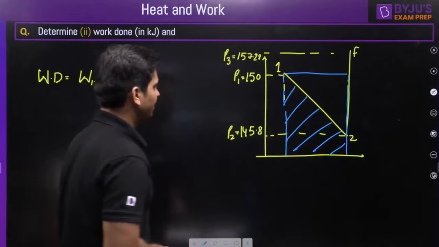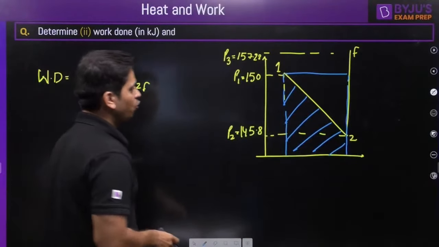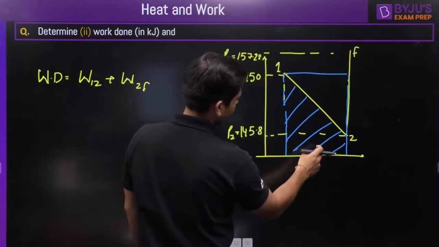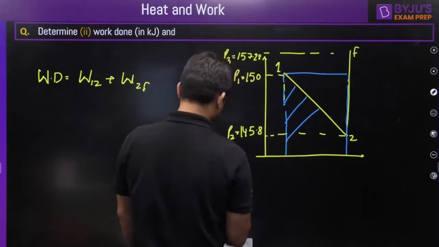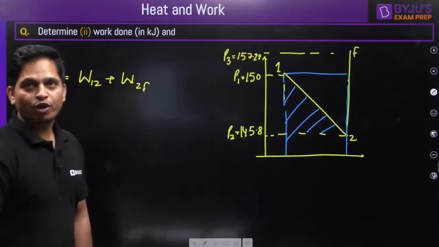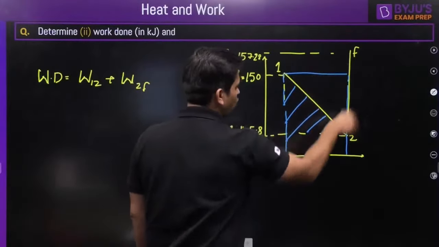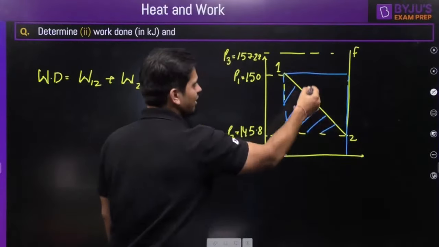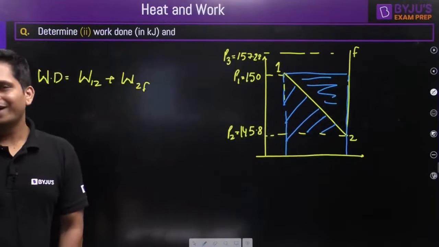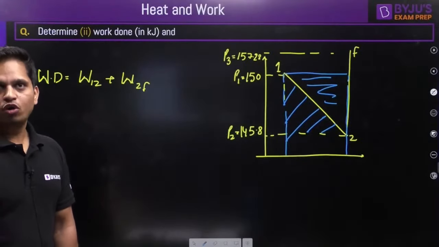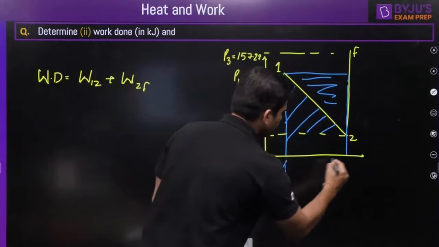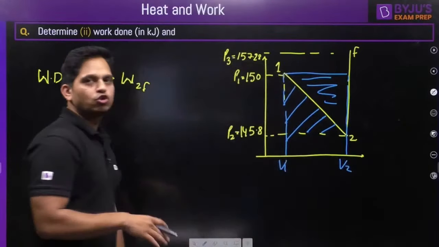Not this area, this area. How can you do this? You can find this rectangular area and then subtract this triangular area. You know how to calculate the rectangular area, height into width. We know V1, we know V2, and we also know how to calculate the triangular area.